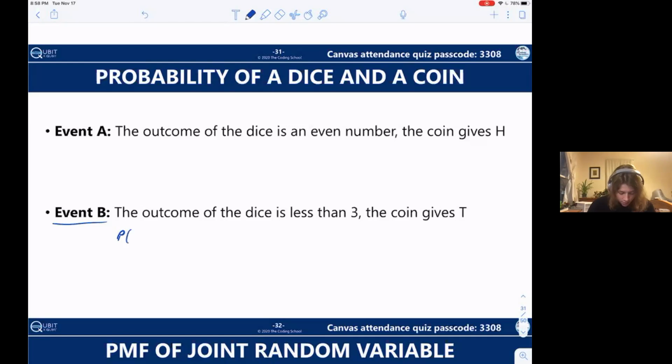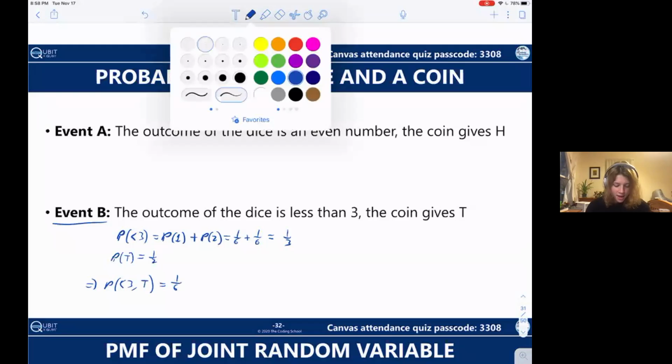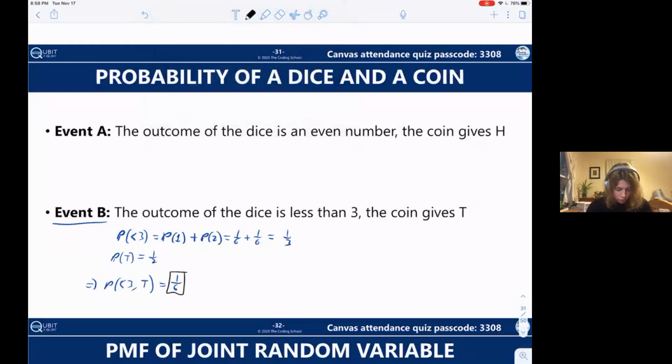So probability less than 3 is equal to probability 1 plus probability 2, which is 1/6 plus 1/6, or 1/3. The probability that the coin gives tails is 1/2. So therefore, the probability that we've gotten less than 3 and tails is 1/6. And that is how you do these joint probability calculations.